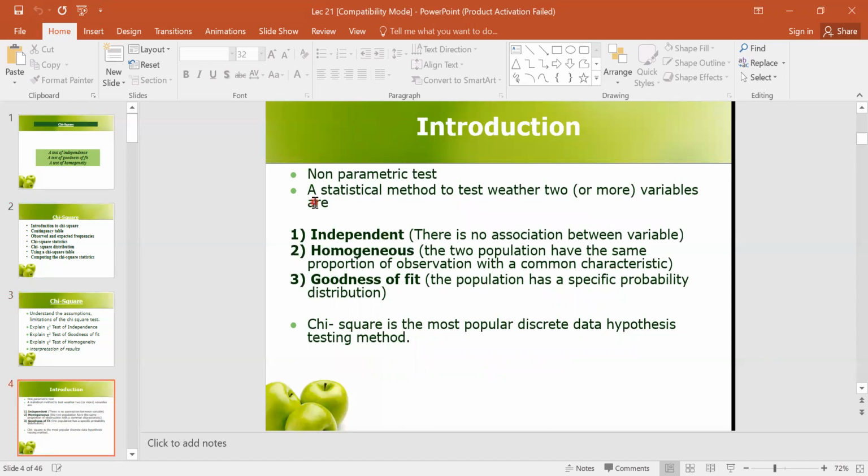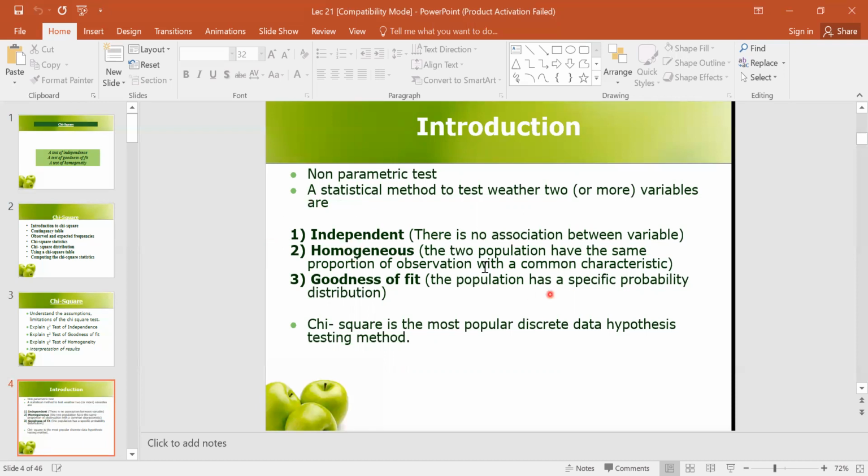Chi-square is basically a non-parametric test used to test whether two or more variables are independent, are homogeneous, or fulfill the criteria of goodness of fit. So if our interest is to check whether there is no association between the variables, the appropriate test is the test of independence.